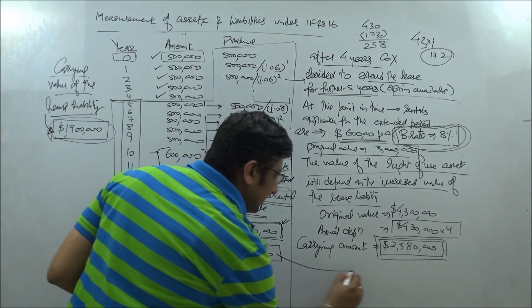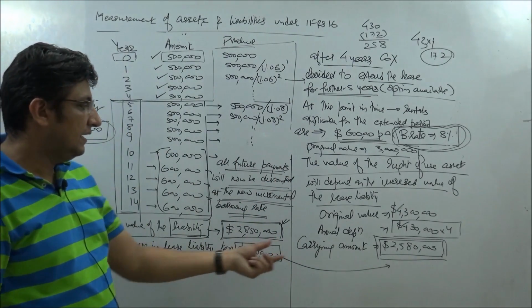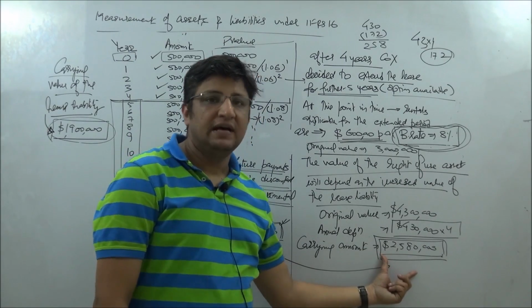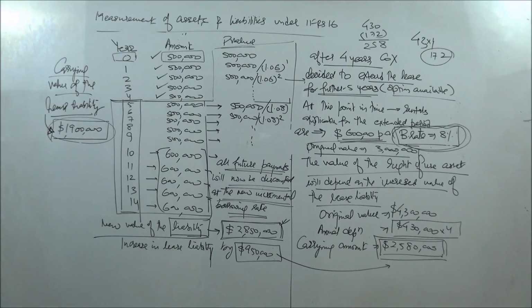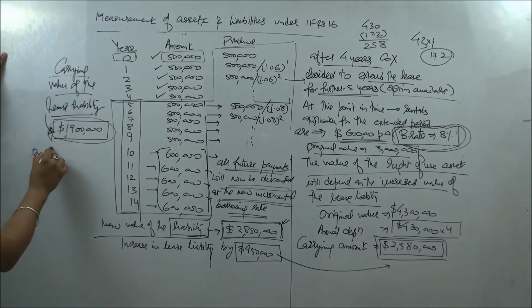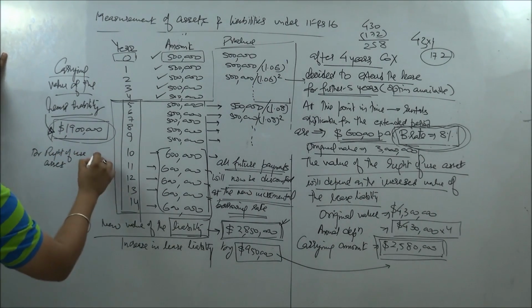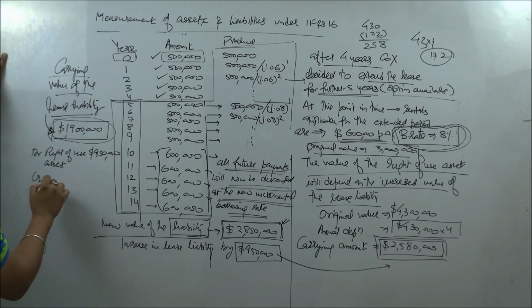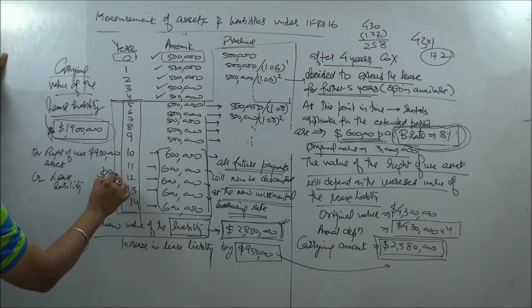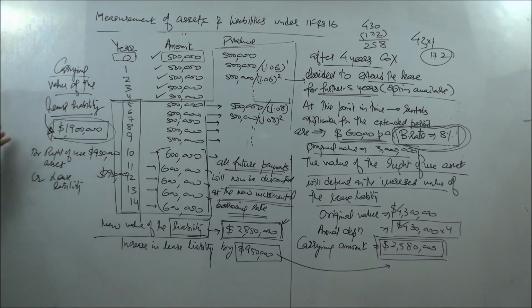It is added to the carrying value of the right of use asset. So the way we do it here is, we would simply say debit right of use asset amounting to $950,000, and of course credit lease liability by the same amount here, right?